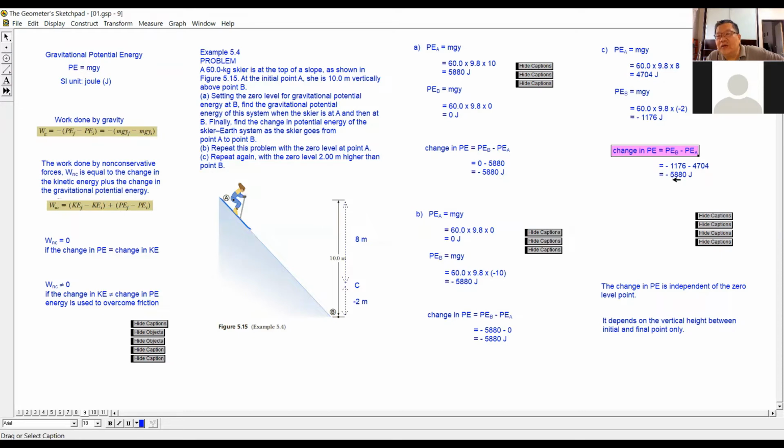It works out to be -5880 also. So this whole example shows you that the change in potential energy is always the same, irrespective of which 0 level you are taking.